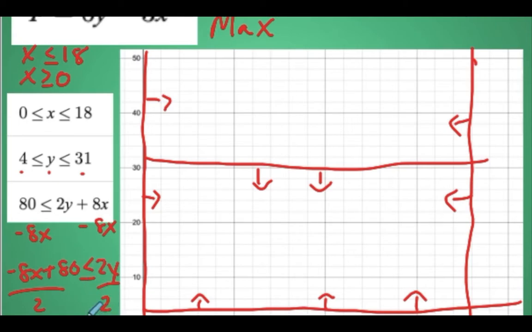Remember, the only time that sign would flip is if I was dividing by a negative, which I'm not here. So now this equation is set up in a way that I could graph it. So y-intercept is at 40, slope is negative 4, so that means I go down 4 and to the right 1. So just trying to make sure I'm following my scale correctly on my graph here. That would look like this.